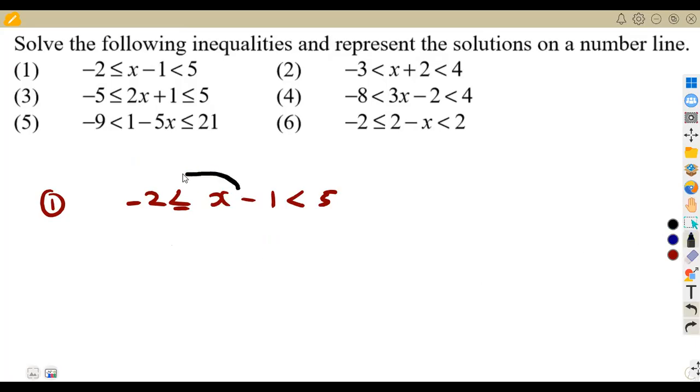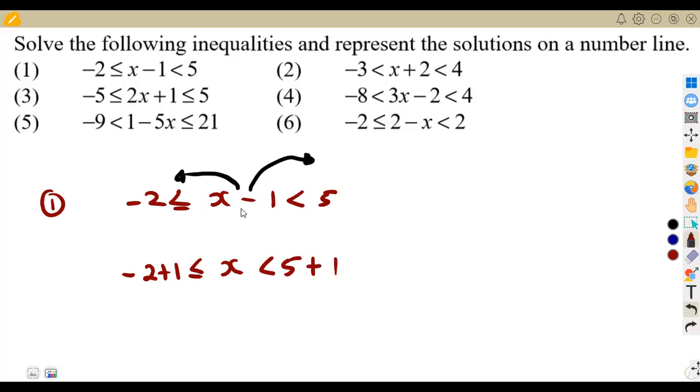So we transpose -1 on this side, and we also transpose -1 on that side. It was a negative, so on this side it becomes a positive. So -2 plus 1, and on the other side it becomes a positive, so 5 plus 1.